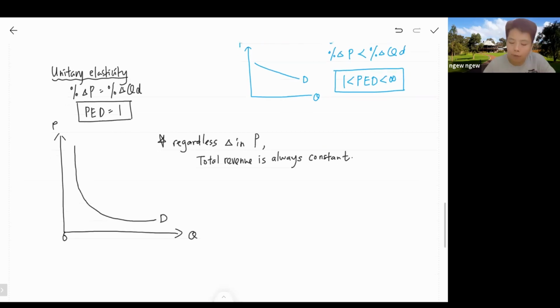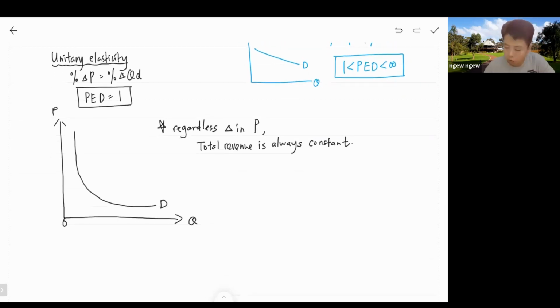Okay, now we have one new term here, total revenue. So let's learn what is meant by total revenue. Total revenue refers to the amount of money received from selling a certain amount of goods and services.